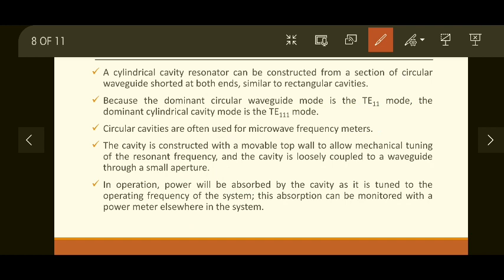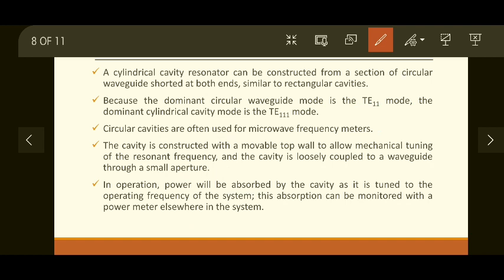A cavity constructed with a movable top wall allows mechanical tuning of the resonant frequency. So you can mechanically adjust the tuning frequency of the resonator by keeping the top wall movable, and the cavity is loosely coupled to a waveguide through a small aperture.